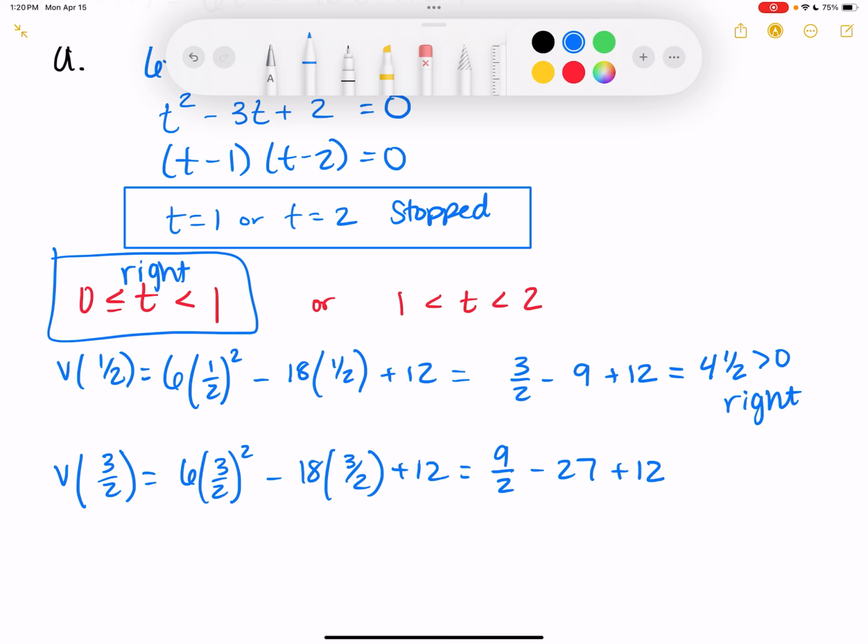Oh, that'd be negative 15. Negative 15 plus 4, so that's negative 11. Negative 10.5?